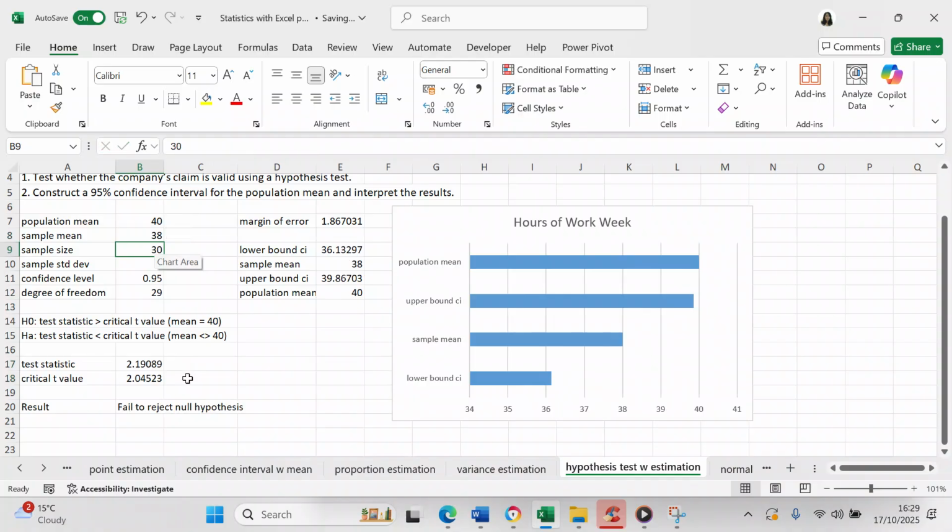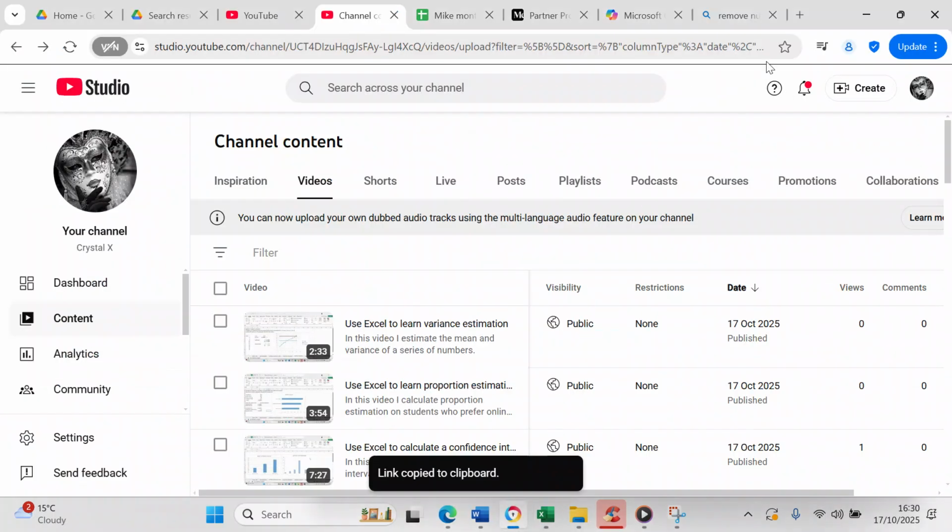So it says fail to reject the null hypothesis because, so we've got test statistic is absolute value of B8 minus B7. So what I'm going to do here is I'm going to come over here.